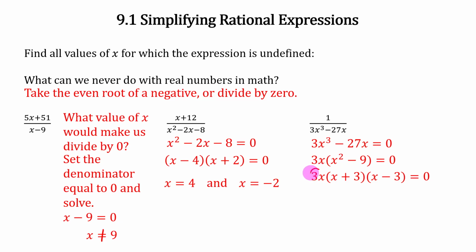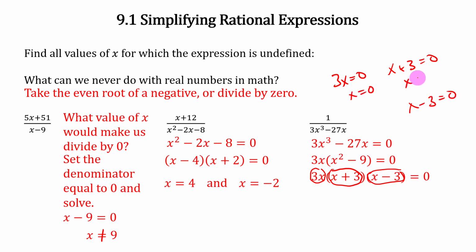So what would make this 0, this 0, and this 0? Working backwards, +3 would make this 0, -3 would make this 0, and 0 would make this 0. 3x equals 0, x plus 3 equals 0, x minus 3 equals 0. Well, here x equals 0, x equals -3, and x equals +3.